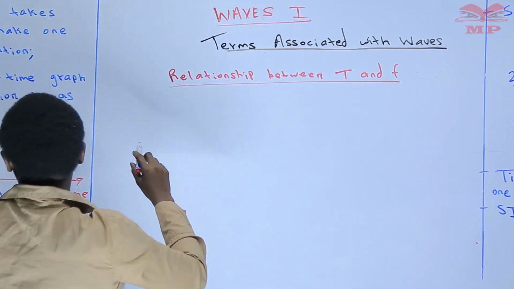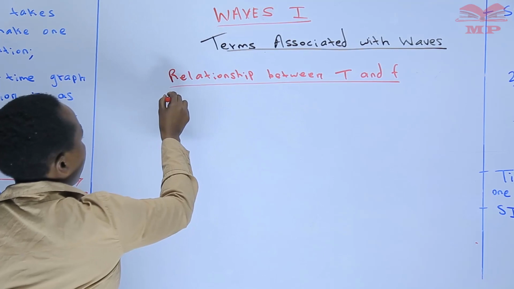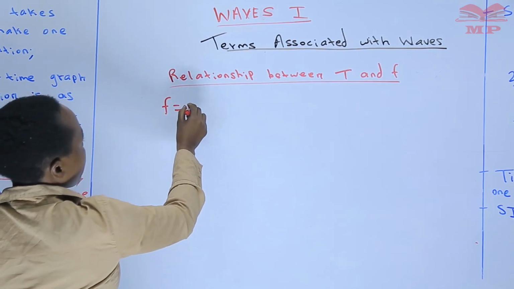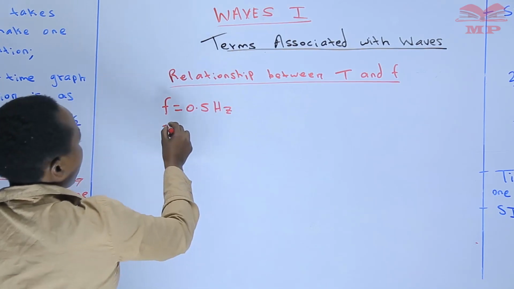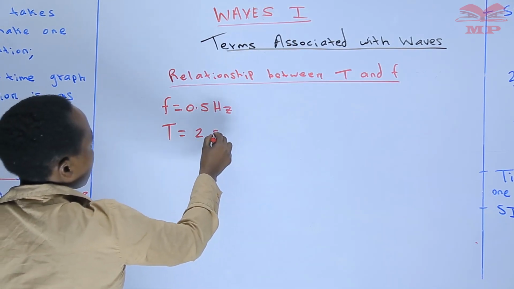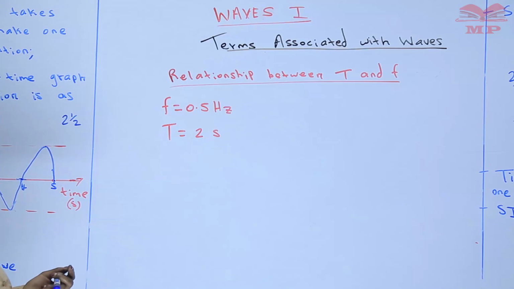From our wave here, we have been able to see that the frequency is 0.5 hertz and the periodic time is 2 seconds. Our frequency, the number of oscillations in 1 second, is 0.5, and the time for one oscillation is 2 seconds.